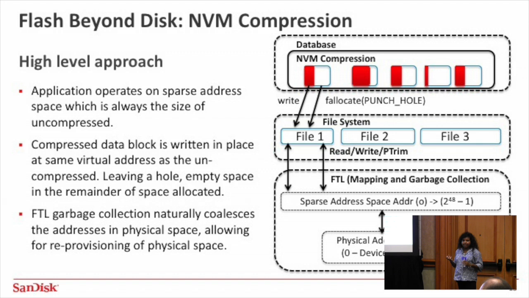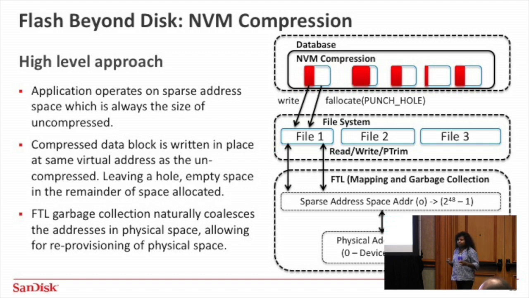Whenever you compress data, the data that comes in changes into a size you can't predict, which means it may or may not fit in the place it used to be, which means you have to find a new place for it, and now you've got a hole that may or may not fit something else, and now you have to garbage collect all of that and gather all of that up and so forth.